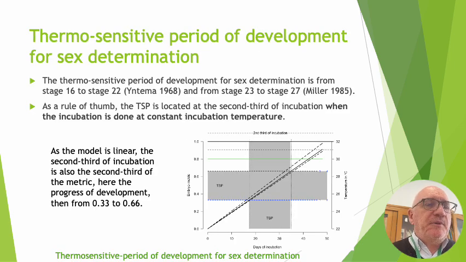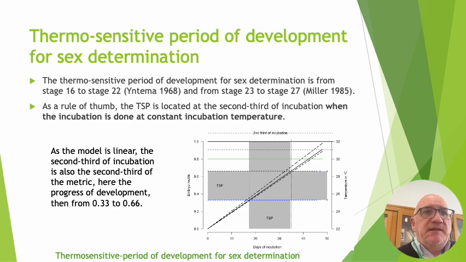Now let's see what happens for the model of progression of growth, the linear model. The thermosensitive period is located from stage 23 to 27 for Miller, but here we don't know where the stages are. We can see that, as a rule of thumb, the TSP is located at the second third of incubation when incubation is done at constant temperature.